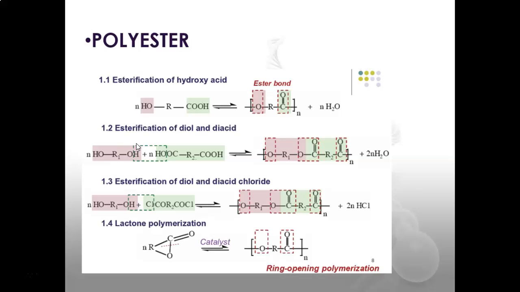In the esterification of diol and diacid, you can see the OH, COOH and COOH reacting to produce a polyester. This one is actually a hydroxy acid, so you need only one hydroxy group to react with the acid. This is COO, and you will produce the polyester with n repeating units.